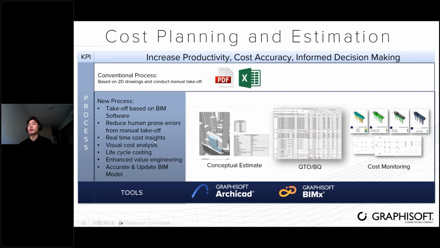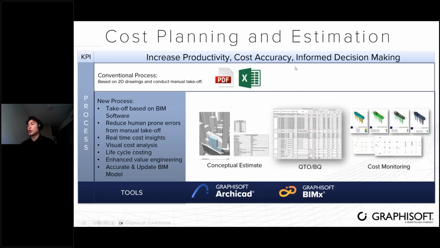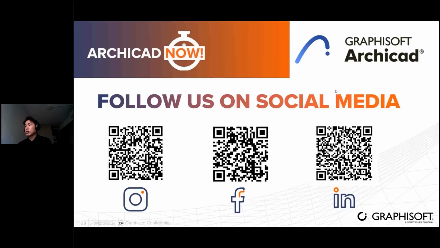With the use of graphic override, you can also do visual cost analysis, lifecycle costing, and enhanced value engineering, and with field conditions and dimensions, you can update your BIM model. All in all, you will increase productivity and cost accuracy, and get better informed decision making. So thank you.